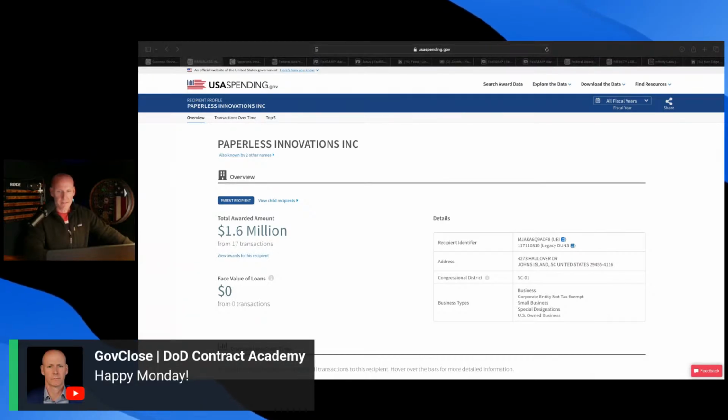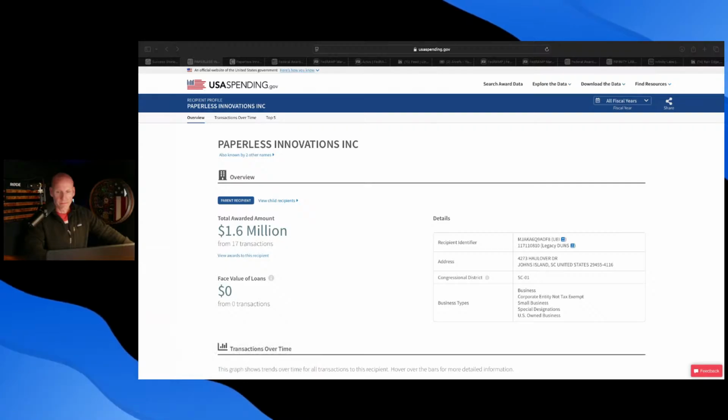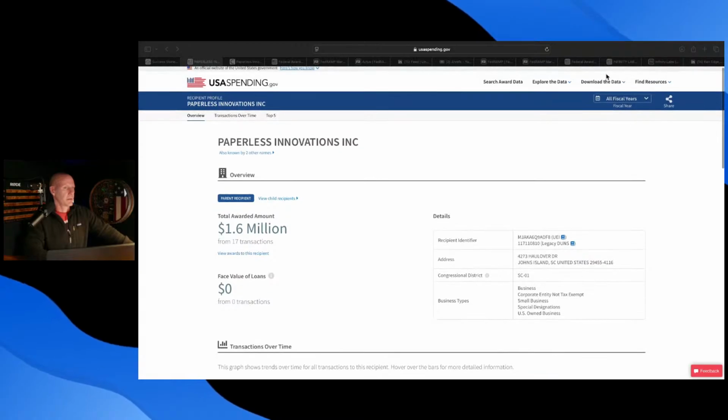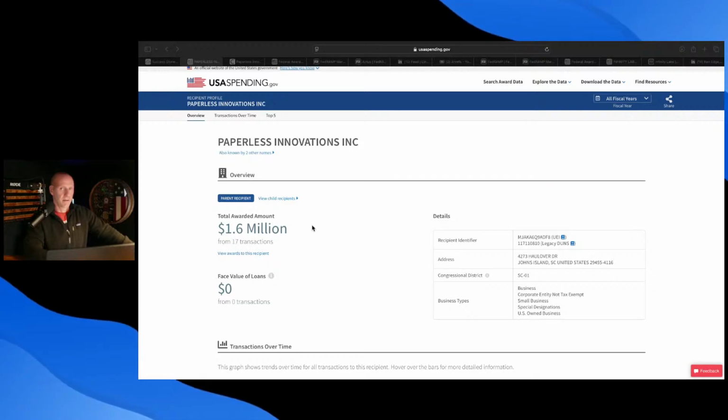Hold on a second. There we go. All right, so what we're seeing here with Paperless Innovations is 1.6 million across all fiscal years. Okay, so there's a big difference between the amount of spending here and the spending that we saw for the company we looked at first, right?